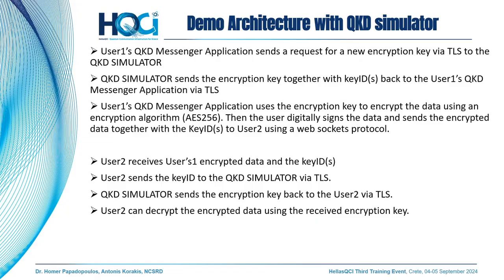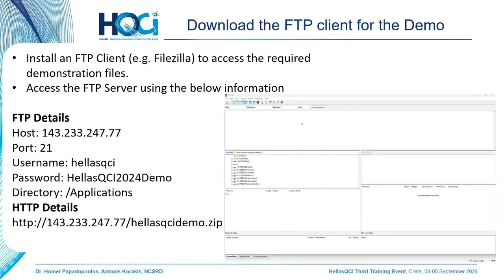This is the process for anyone who wants to create something similar. You go to this FTP, or if you have downloaded from the previous one, this is the same process.